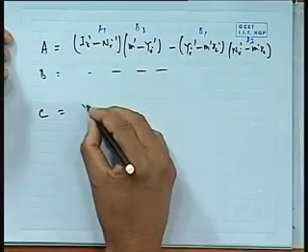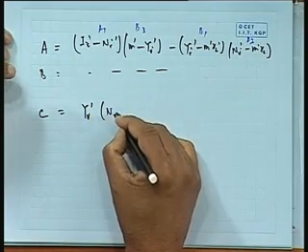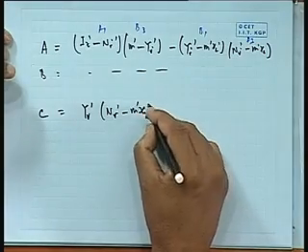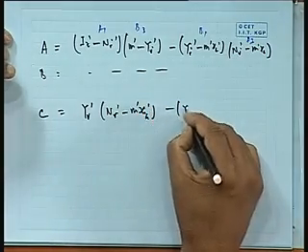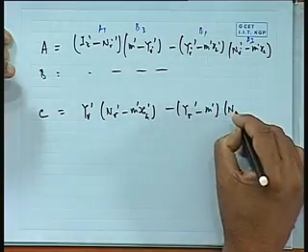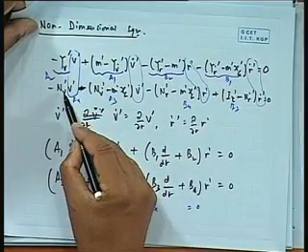Say C, I write C is yv dash into nr dash minus mxg, something like that, minus yr dash minus m dash into nv dash, something like that. In fact, you can make it out from here also, because here actually it is this one into this one.